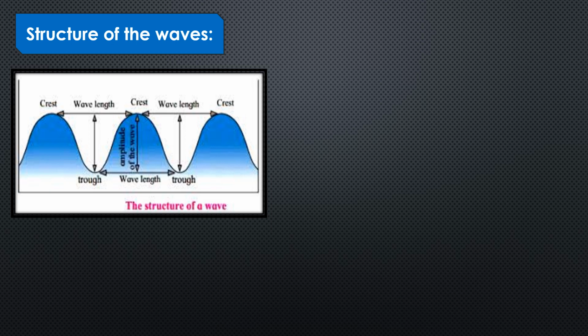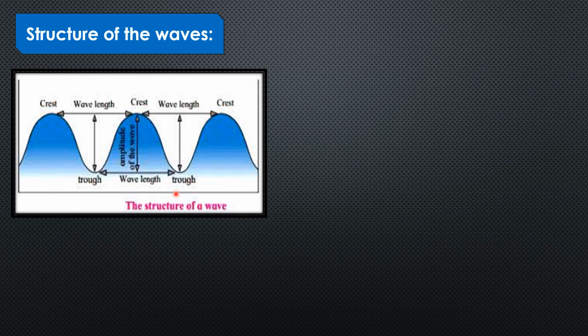The seawater gets pushed up and down because of the wind. The raised up portion of a wave is called a crest, and the depressed one is called a trough. If a strong wind is blowing in one direction, large waves are generated.